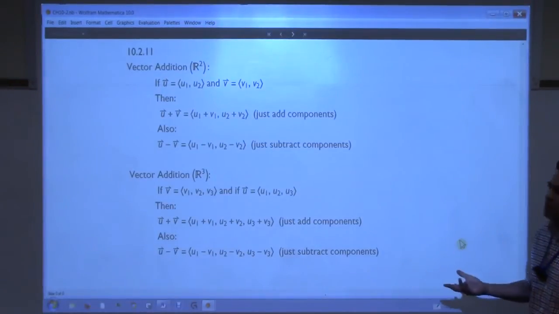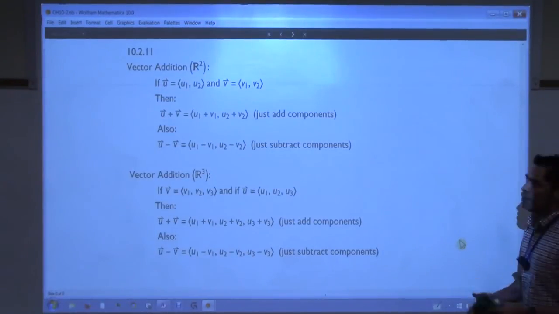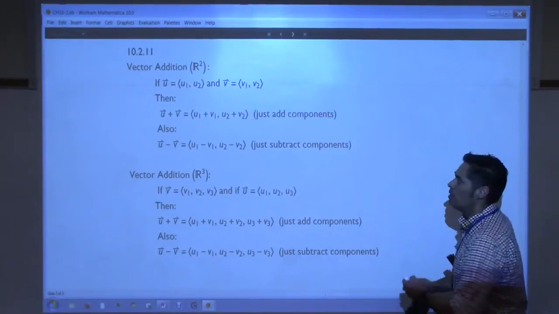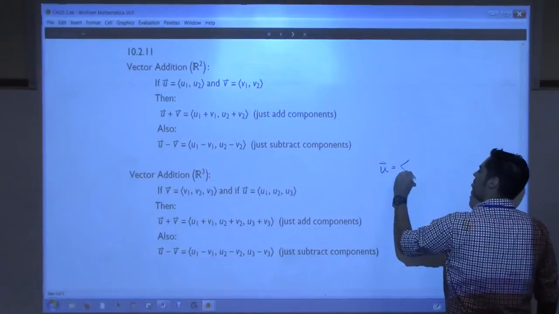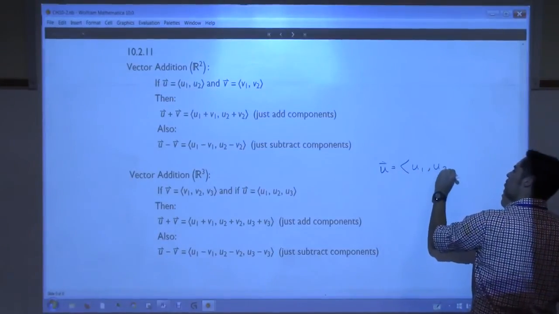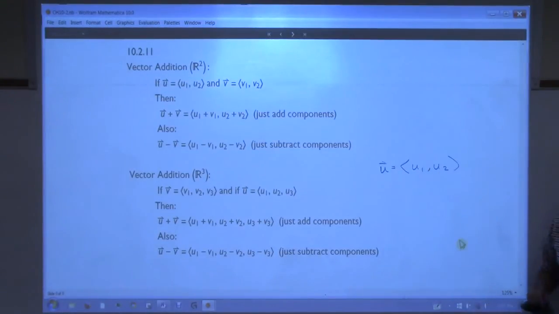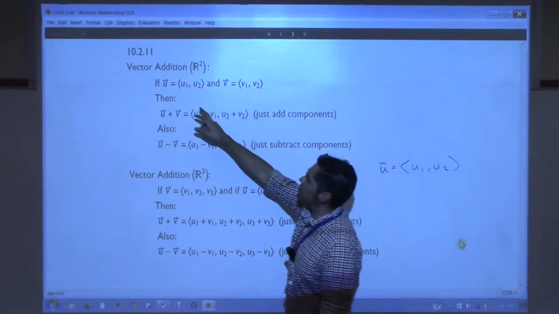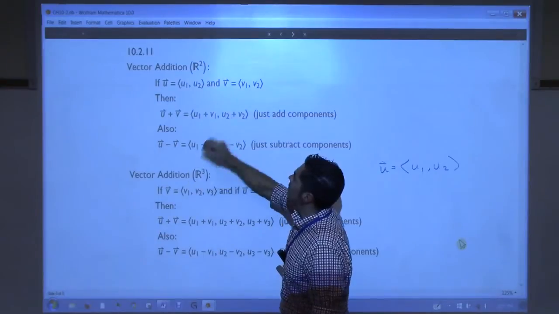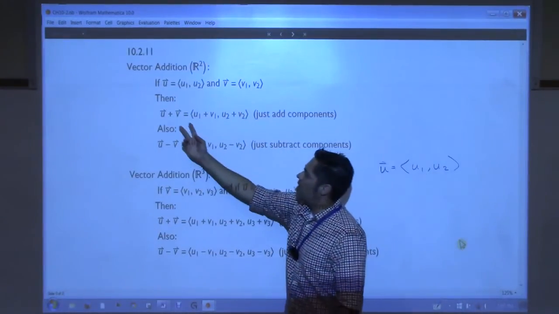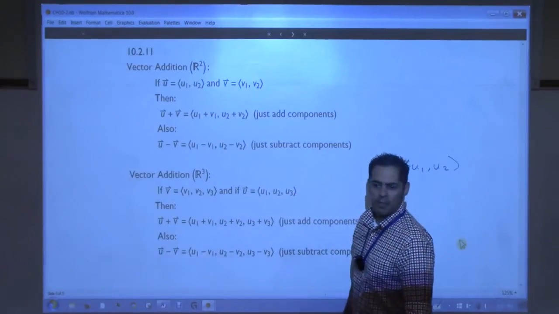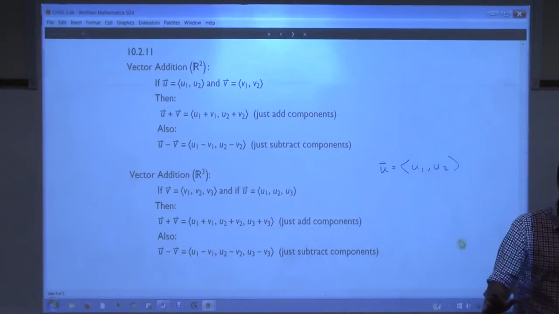But if someone gives you the vector in what's called its component form, which is the form up there like they have u, and maybe it's a two-dimensional vector like u1, u2, how do we add a vector like that to another vector? So if we're given two vectors, u is u1, u2, and v is the vector v1, v2, then to add the two vectors together, all you do is add the components. It's very straightforward when it comes to vector addition.